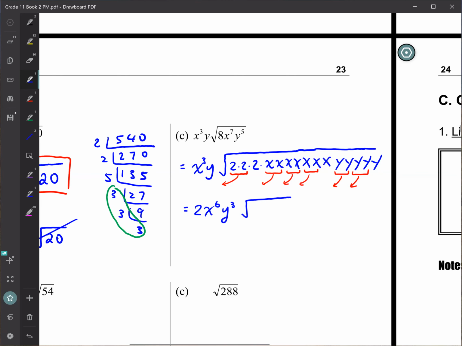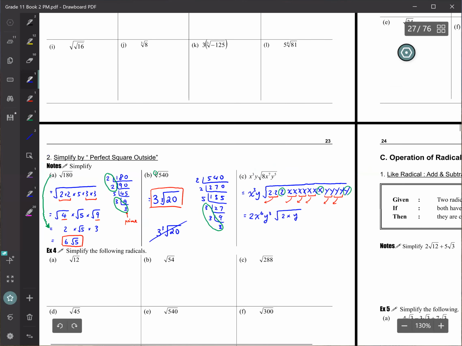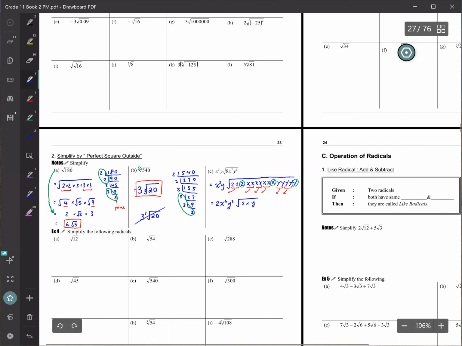What's left inside? 2xy. 2xy, very good. Okay, so the green ones are the ones that cannot make a pair. They have to stay inside, stay at home, quarantine. Okay, so that's the answer, right?